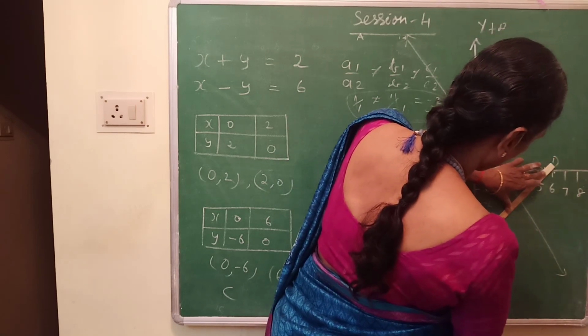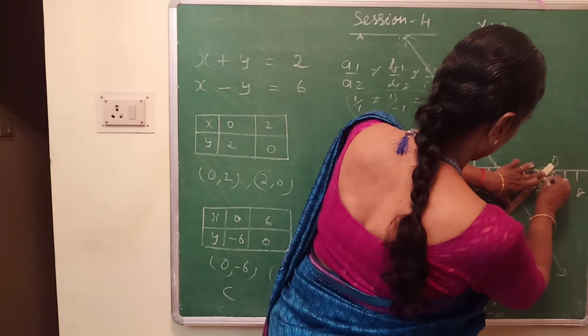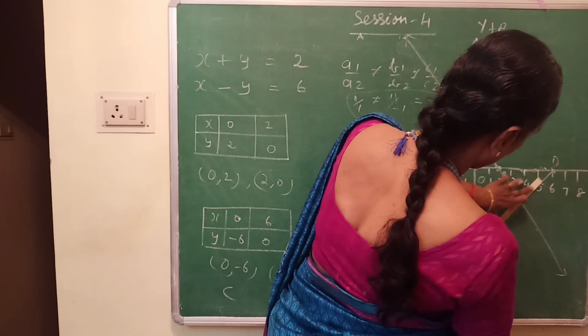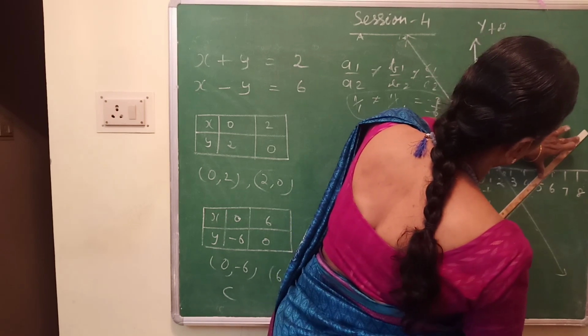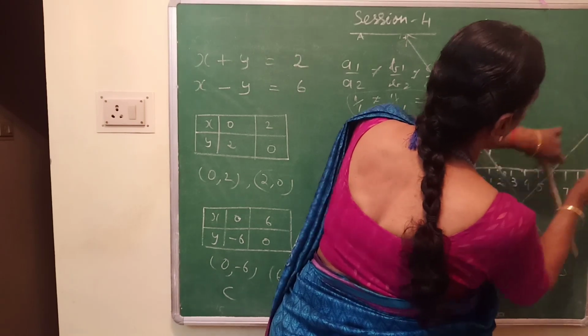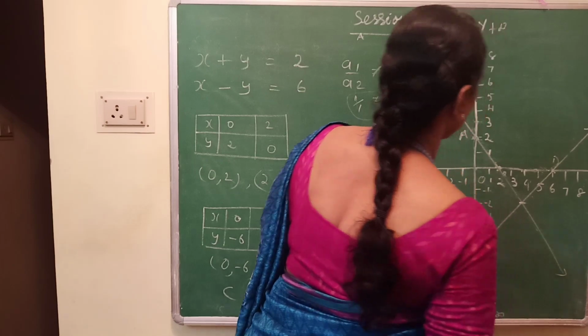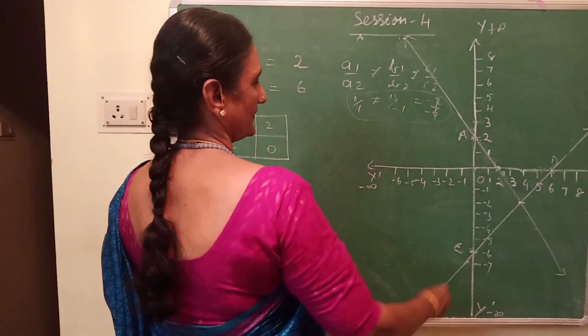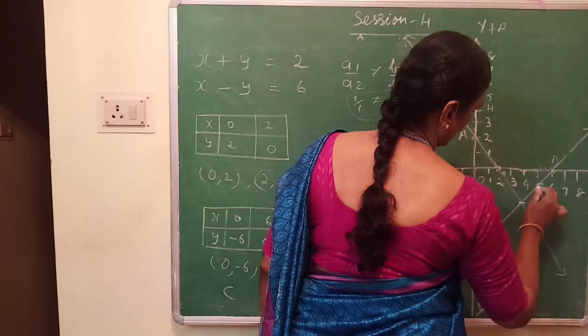So if you join, you will get this. You extend it on both sides. So what happened? This is the point of intersection. Let us not be worried, we are not going to calculate what this point is.